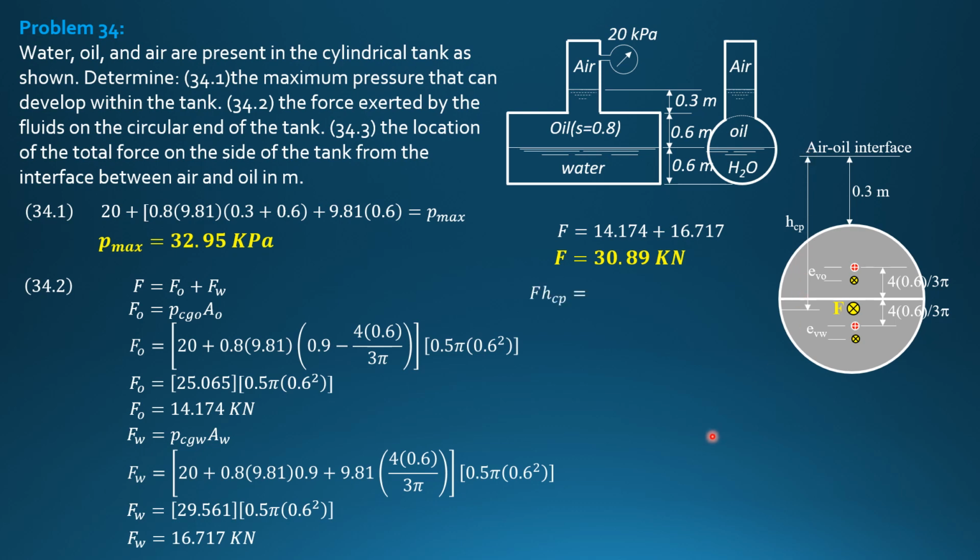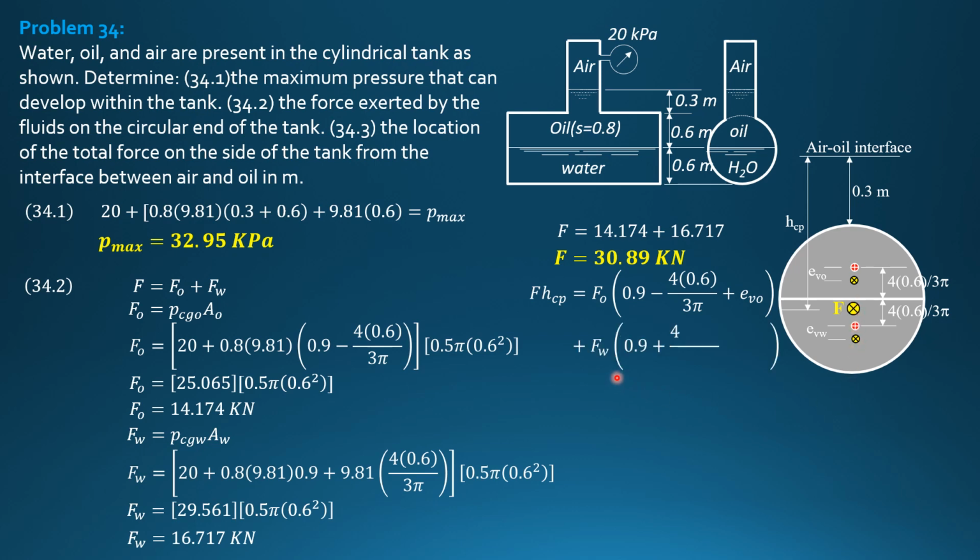So this is the equation by Varignon's theorem. F times e sub Cp equals FO times moment arm of FO. FO is acting here, so its moment arm is 0.9 minus 4r over 3 pi, it's now at the centroid, plus EVO, plus F of water, moment arm, F of water acts here, is 0.9 plus 4r over 3 pi plus EVW.